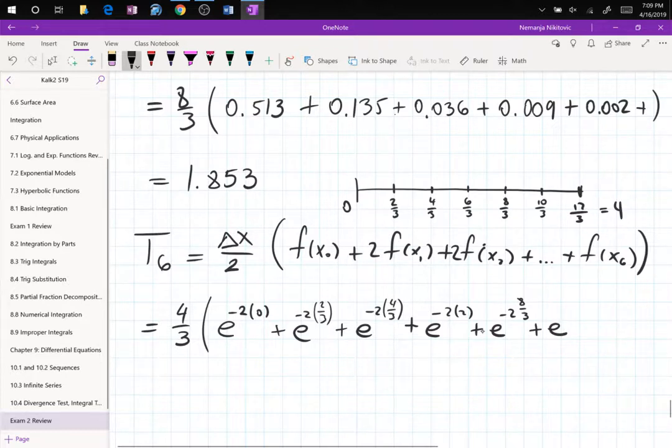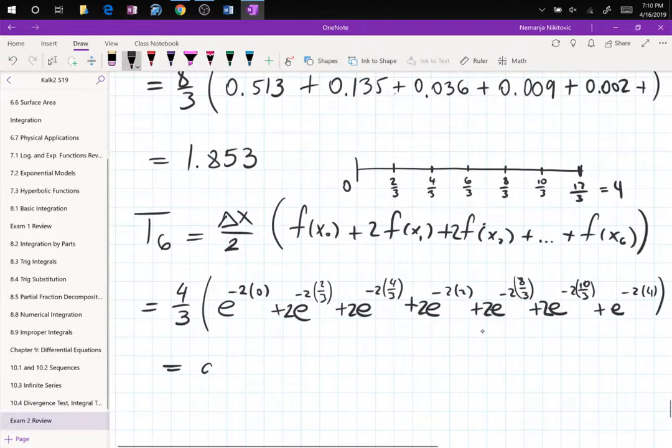Yes, I do. 1 and then 2, 2, 2, 2, and then the last one's 1. 8 thirds. This is the last one with a 10 thirds. And it's by 1. And then it's just a single one over here. Negative 2 times 4. Holy nightmare. Equals a number.